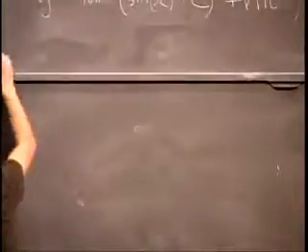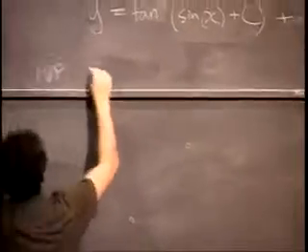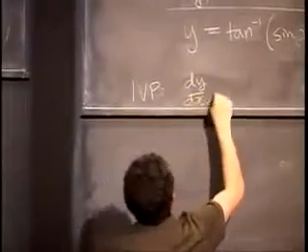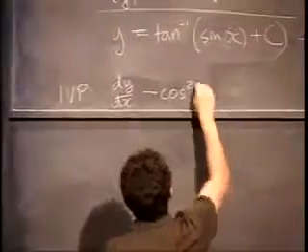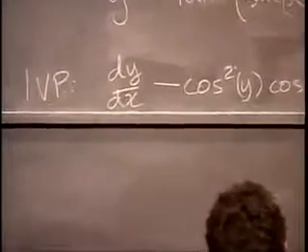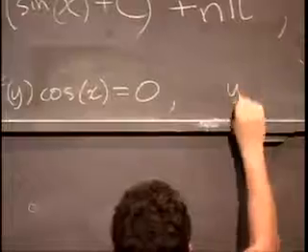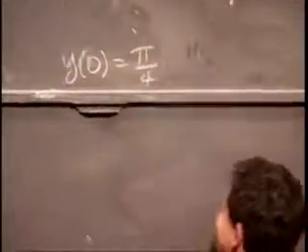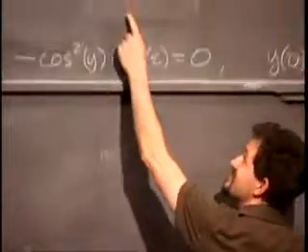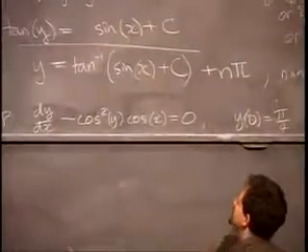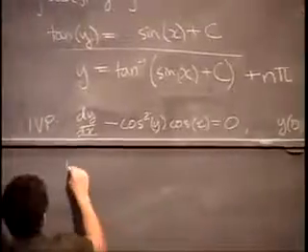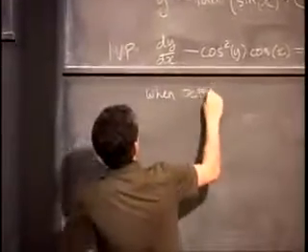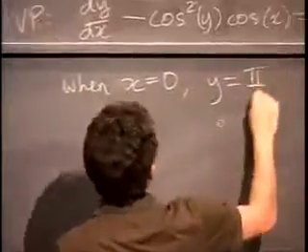So an IVP of the same problem is this: dy/dx minus cosine squared y cosine x equals 0. And I give you that y of 0 is indeed pi over 4. Well, if I have this, then I already know the solution to the differential equation is this. So I just need to say when x equals 0, y is pi over 4.